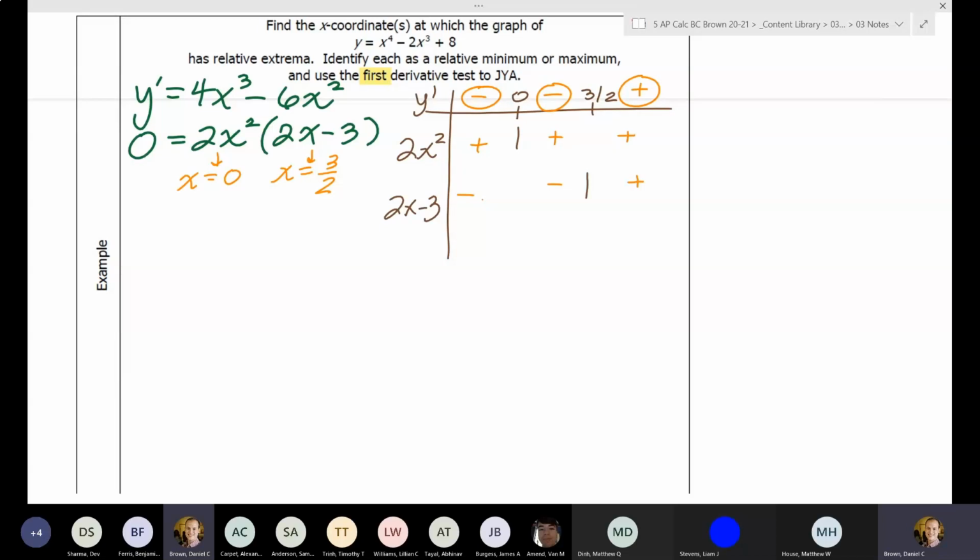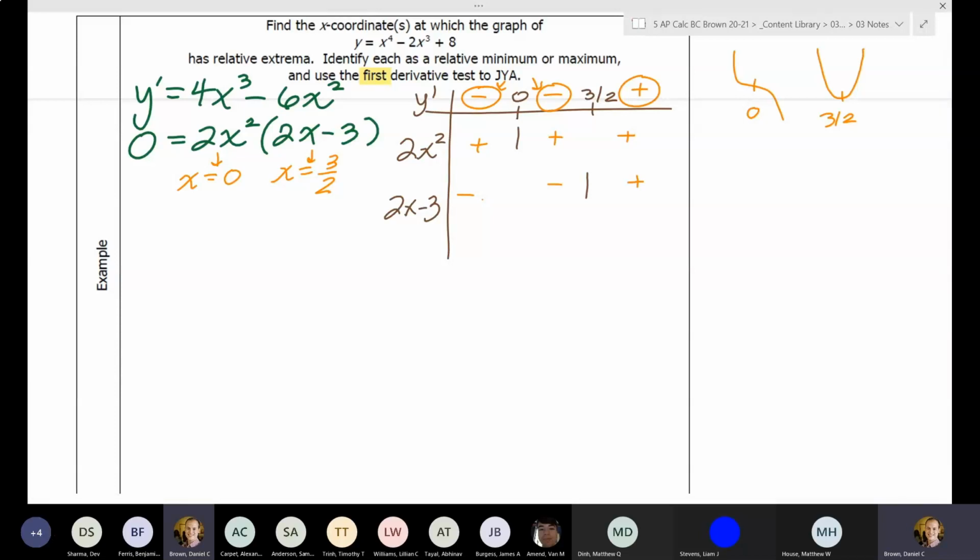In this one, we have one possibility at 0. 0 is not anything important because we see on both sides of 0, the derivative is negative. So it's basically decreasing through 0. But we can see at 3/2, it has a negative derivative and then a positive derivative. So we can see that at 3/2, we do end up having some sort of minimum.